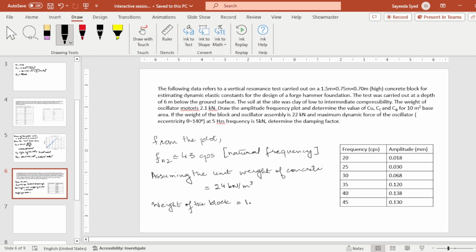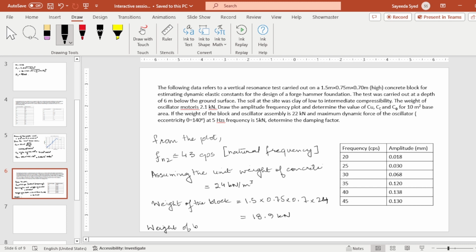This will be equal to 18.9 kilonewton. Now the weight of the block plus oscillator and motor equals 18.9 plus 2.1. This comes out to be 21 kilonewton.